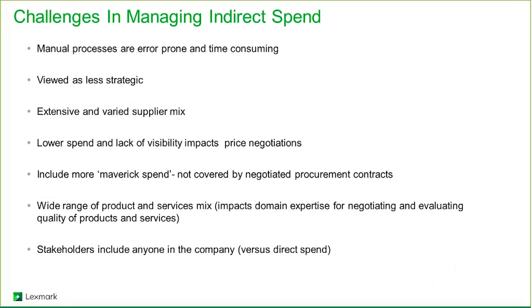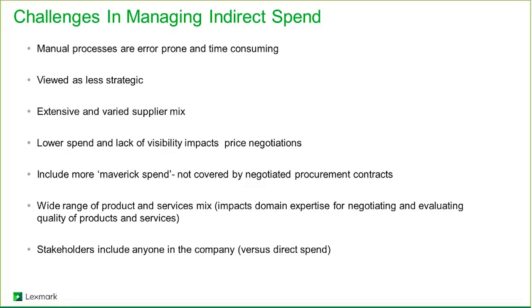So for example, somebody might have an average per diem that they might be able to spend, which might be able to be lowered or changed in order to control some cost. So everybody understands the value of strict and strong management of direct spend, but they don't realize the value of managing their indirect spend. So it's kind of a chicken and egg scenario.